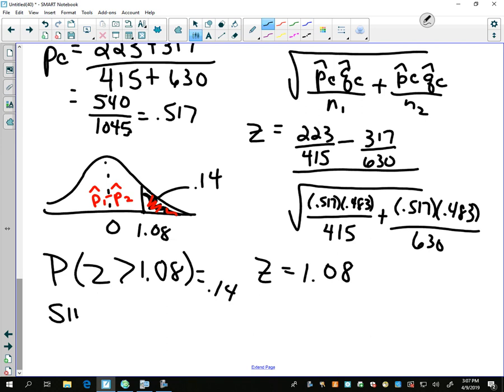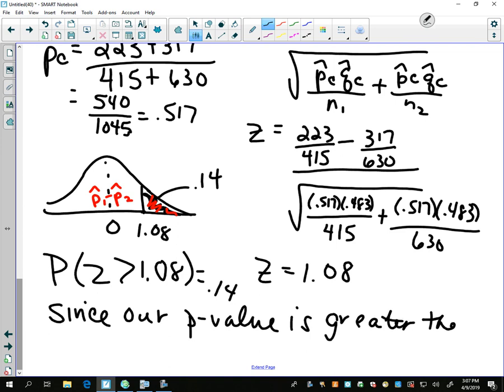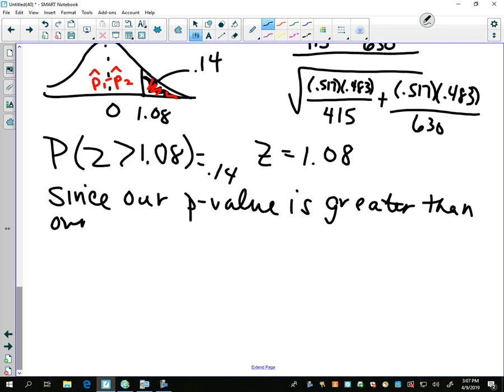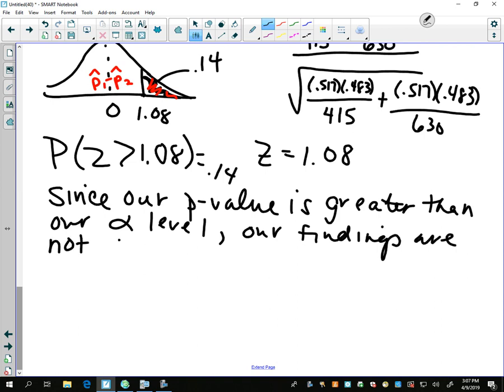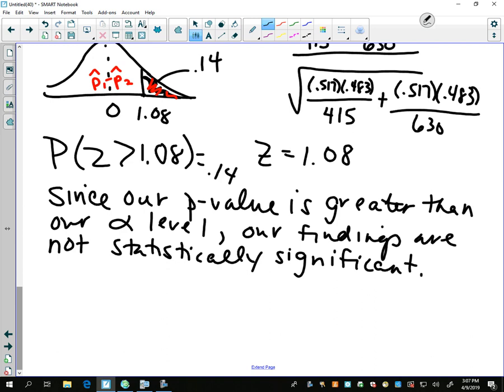So we're going to say since our p-value is greater than our alpha level, our findings are not statistically significant. Okay. We fail to reject the null.